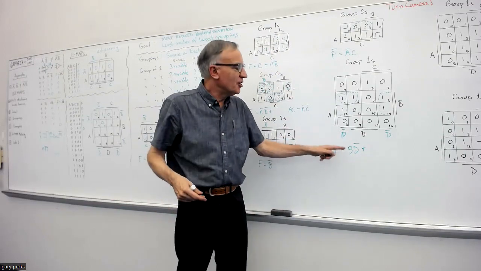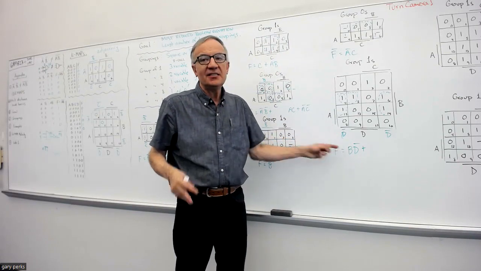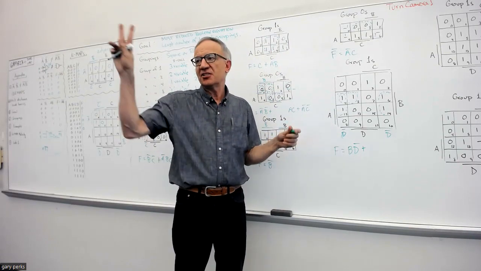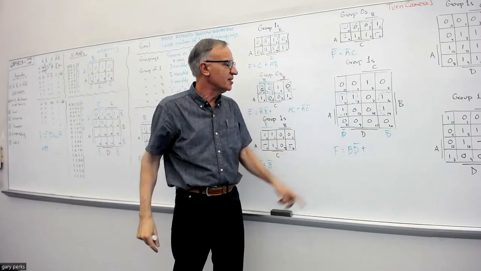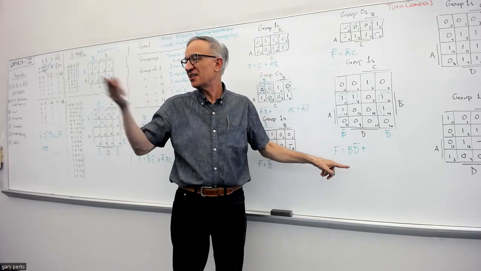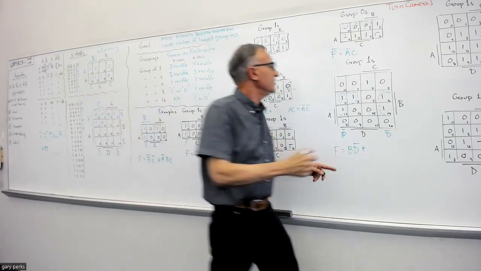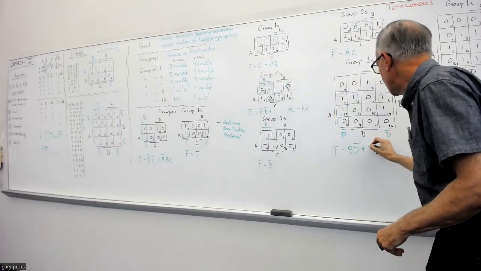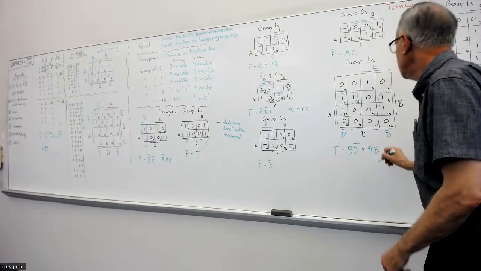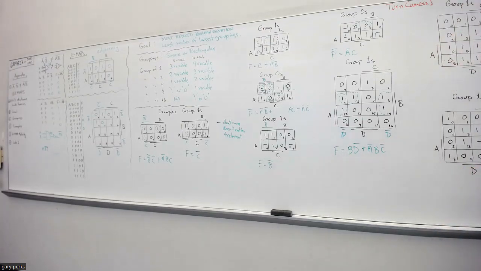Now, if you wrote this as not B, not D, B, it's the same. It's just like in base 10, right? Order doesn't matter. But again, just for ease of grading and also by convention, people put the terms in alphabetical order. All right, so this would be not A, B, and then not C, right? Can everybody see how we got that?